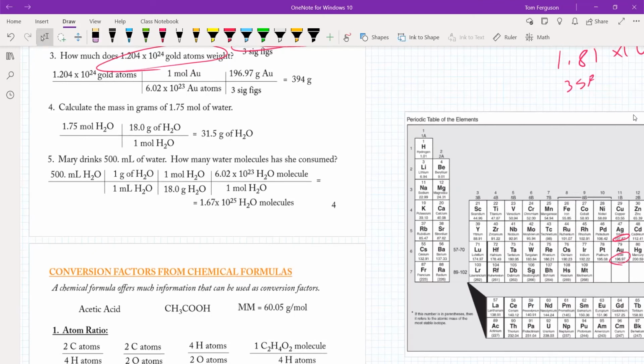These, 4 and 5, are just more examples. What's given in the case of water is 1.7 moles. Normally we're not working in moles, normally we're working in grams or milliliters or something like that, because you can't go to the store. Can you imagine going to the store and saying, where's the water aisle?